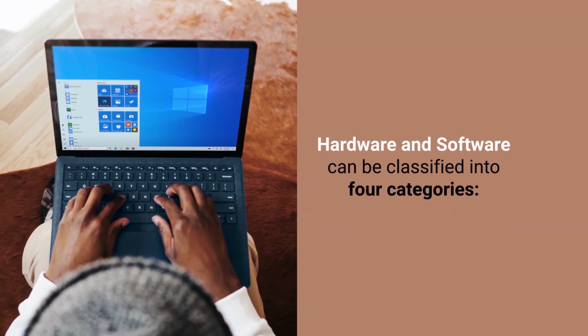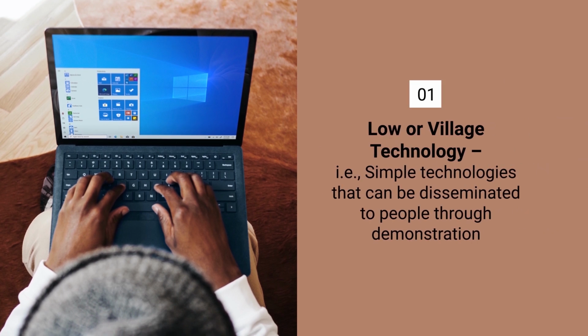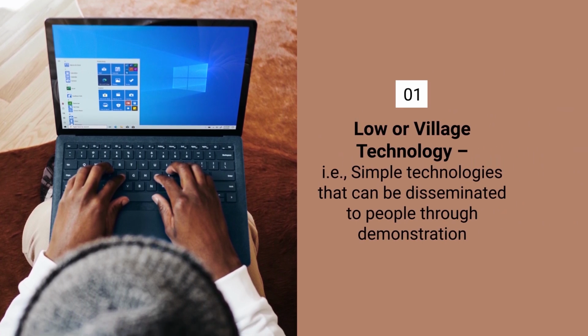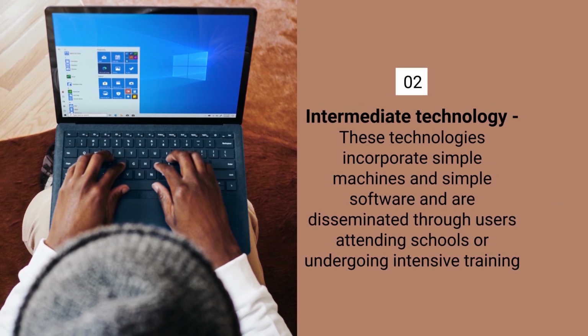Hardware and software together can be further classified into 4 categories. What are these? These are firstly low or village based technologies. These are the simple technologies that can be disseminated to the people through demonstration. Second is intermediate technology.